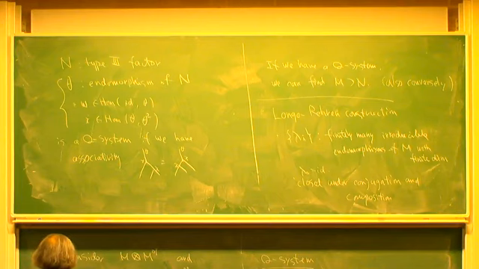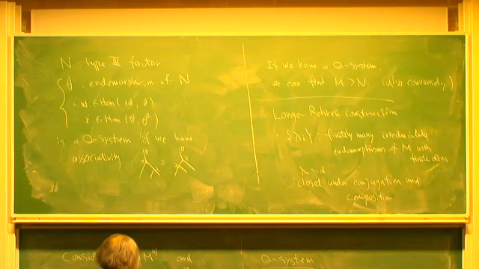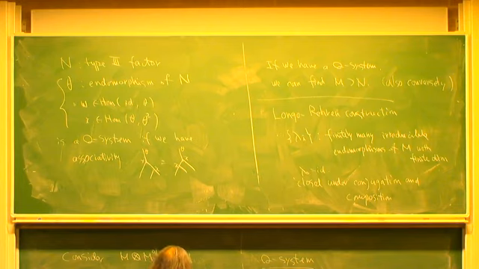We can find some canonical W and X so that they make a Q system.